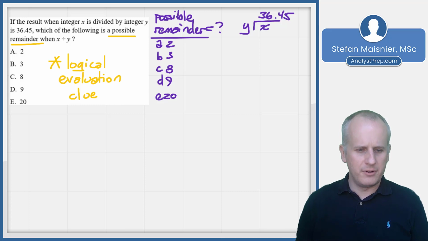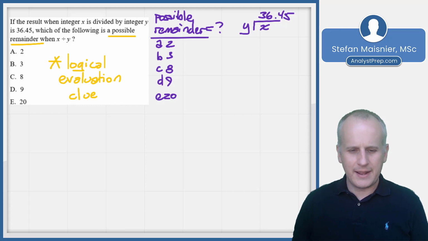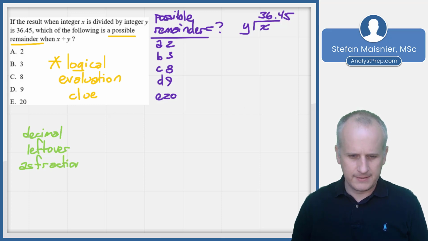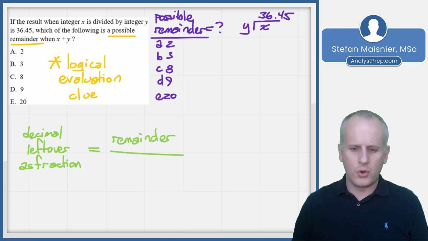Well, we remember from the lesson that our decimal left over as a fraction is equal to our remainder over our divisor.